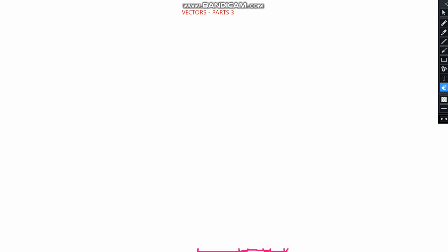Now they may also ask in the reverse way. Well, they may actually give a vector like this, and the resultant vector would be like this, and there would be a 90-degree angle.